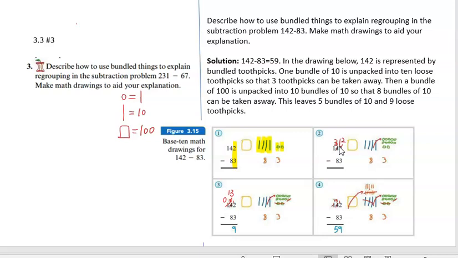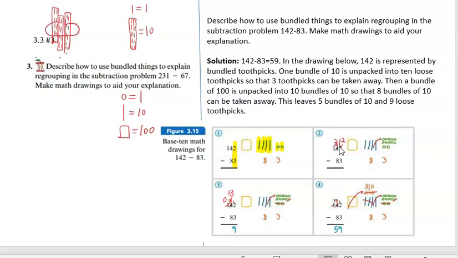For example, you can use 1 toothpick to represent 1, and then you use 10 toothpicks bundled together, as I showed during our class, to represent 10. Then you take 10 of these bundles, and I'm just going to draw a few of them instead of all of them, and bundle all of them together to make 100.